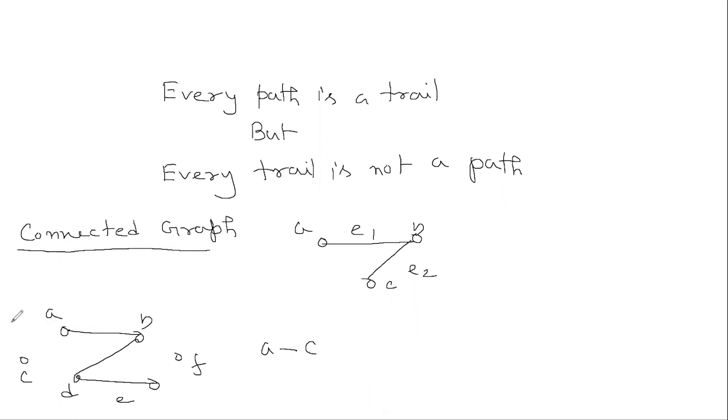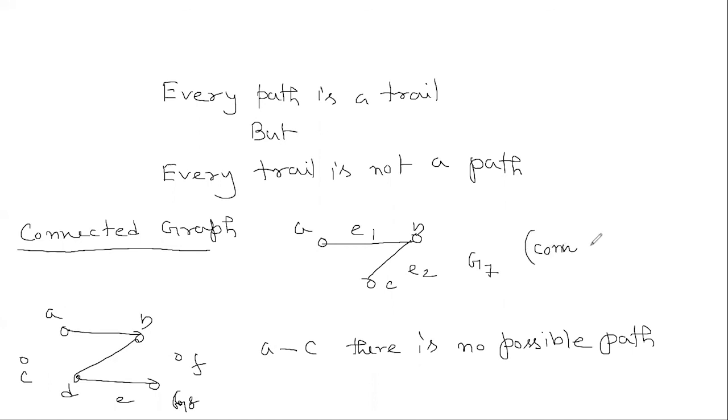So this is an example of disconnected graph. So this is say G7 and G8. So G7 is connected graph and G8 is a disconnected graph.